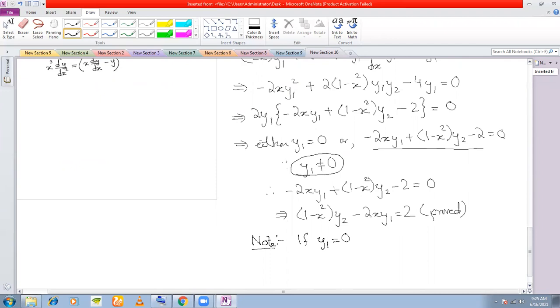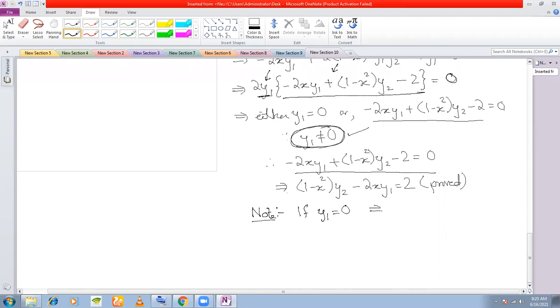No, there is. See, the point here is that this is a product of two functions, right? Which is equal to 0. So either this must be equal to 0 or this must be equal to 0. But we have said that this cannot be equal to 0. Therefore, this is equal to 0.